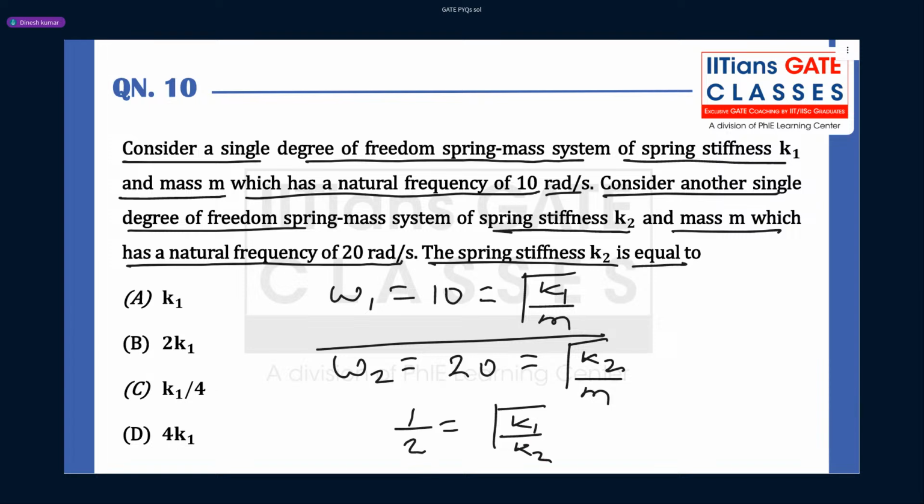What is asked in the problem? K2 in terms of k1. If you square it, k2 will be equal to 4 times k1, right? So D is the answer.